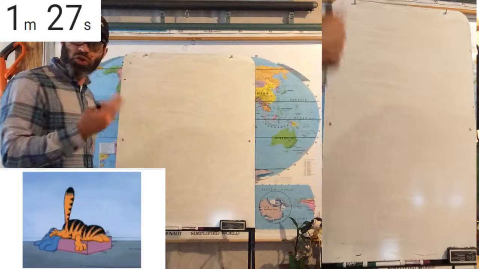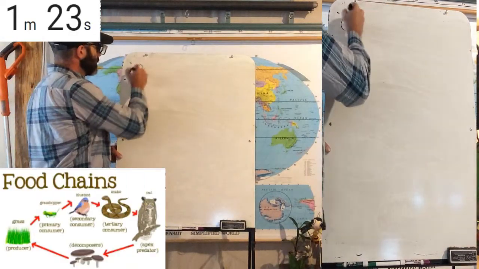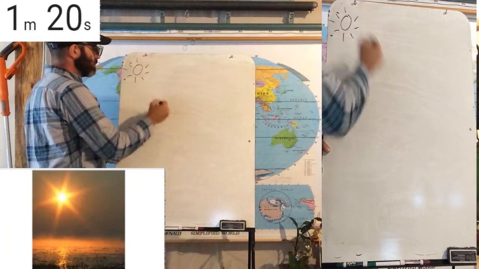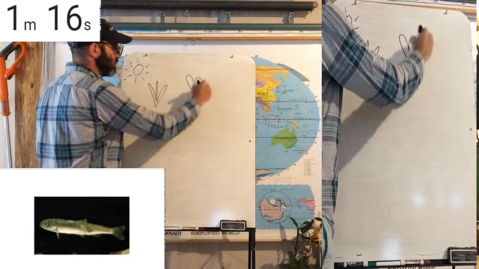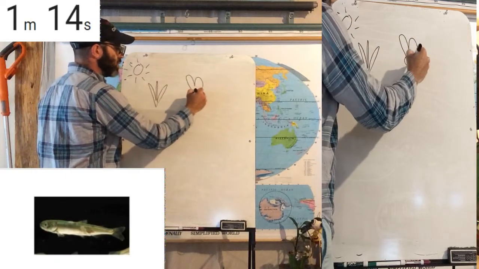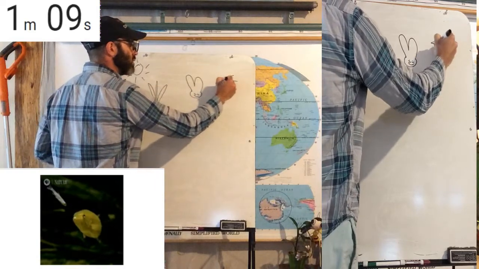So remember the food chain: sunlight, producers, consumers, like primary consumer, secondary consumer, tertiary consumers.